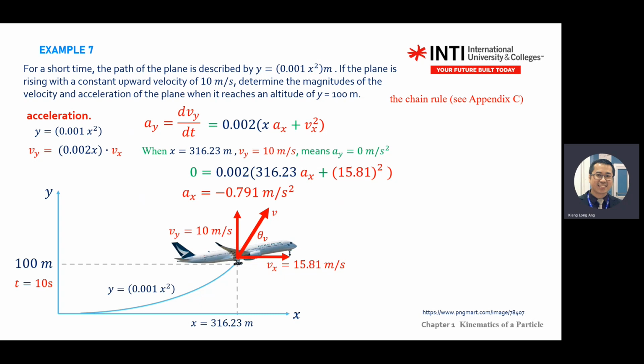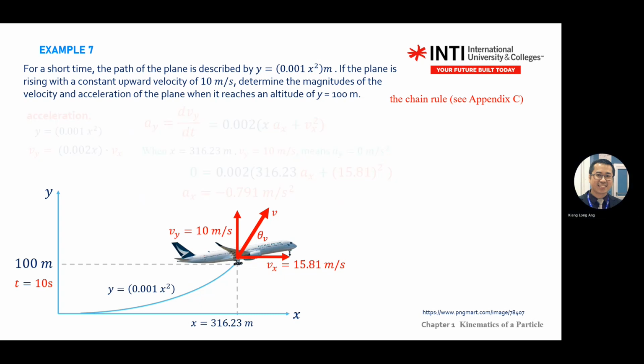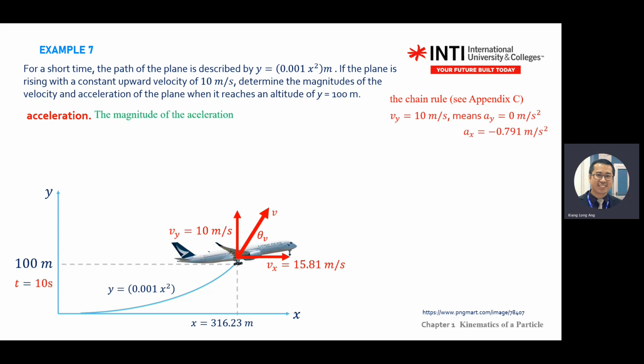You will get a negative sign. What does the negative sign mean? Deceleration. So just call back what you get, and you get the magnitude. You have your x and you get your y. So again, what is the value of your y? 0.